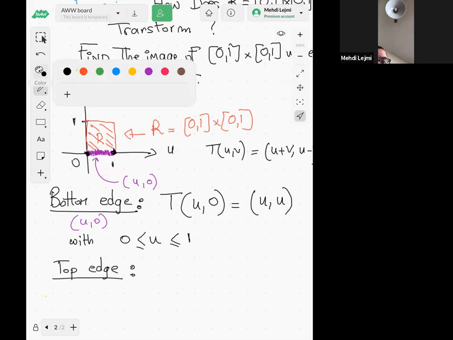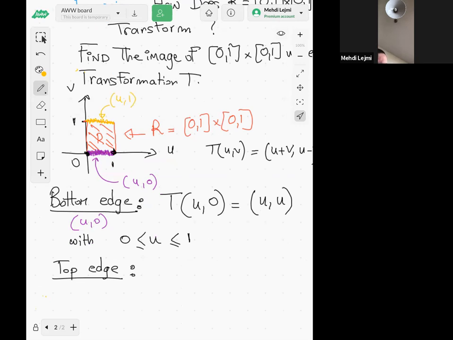Now, let's say you want to take the top edge. The top edge would be this side here. The V coordinate is equal to 1, and the U coordinate is just a number between 0 and 1. So the top edge can be described as the set of points (U, 1), with U between 0 and 1.